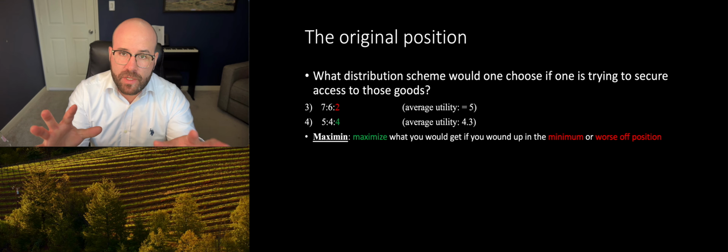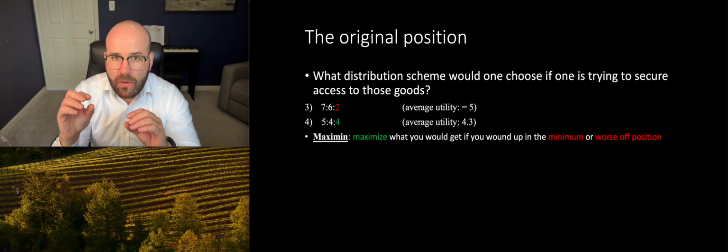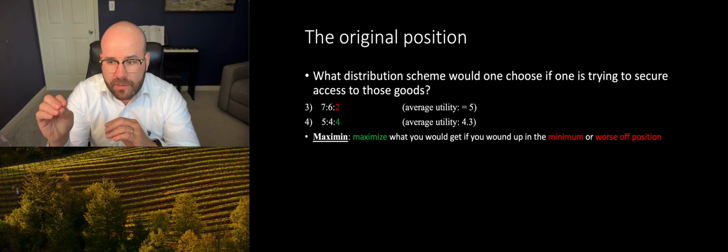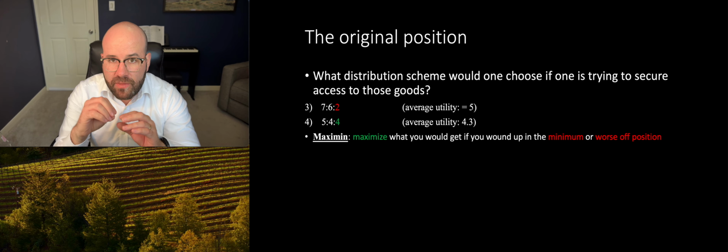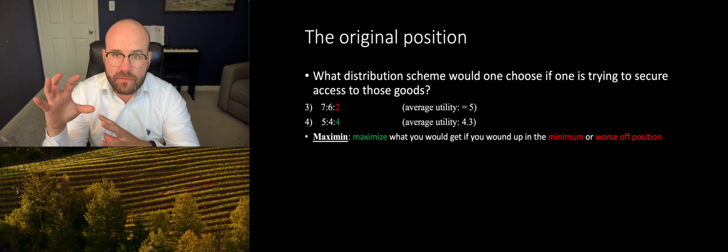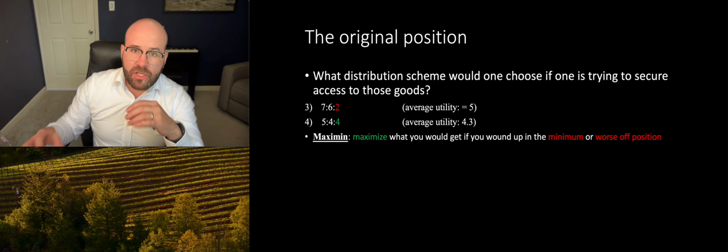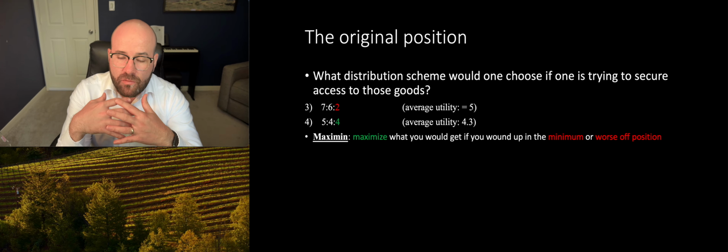Maximize what you would get if you wound up in the minimum or worst off position. So if you have a choice in how to structure society, always think about the worst off position and make sure that it has the greatest value of the options available. Because you don't want to risk being in that position.